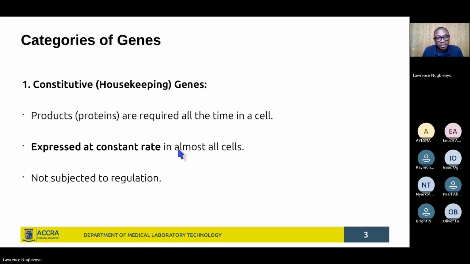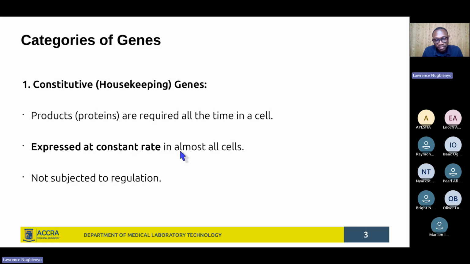Then let's go ahead to also categorize the types of genes that we have. Here too, we have two types of genes. The first one we refer to as constitutive genes. They are also sometimes referred to as housekeeping genes.